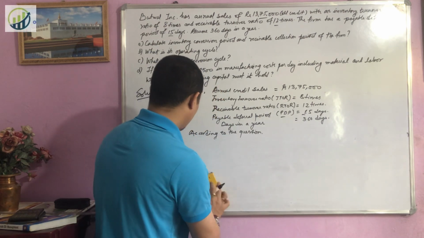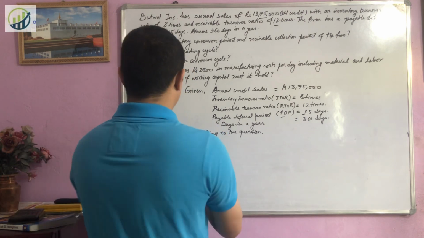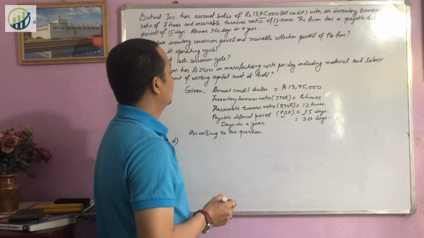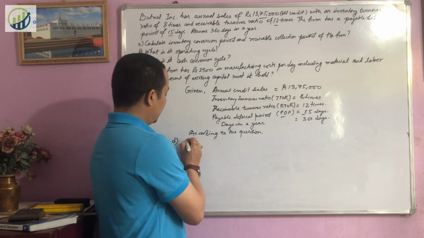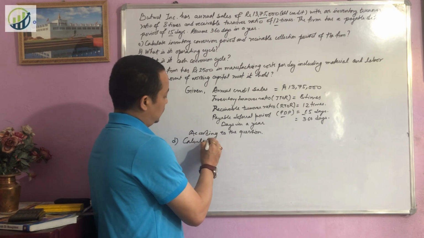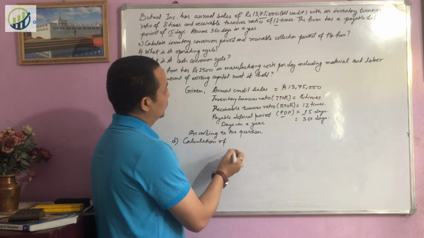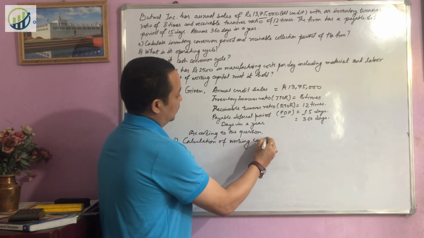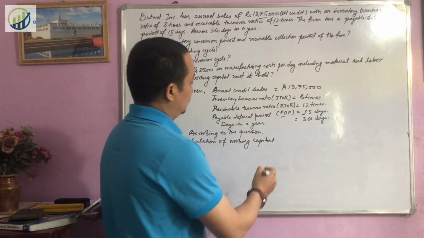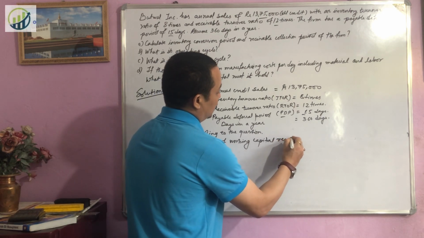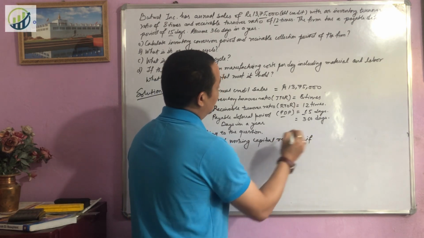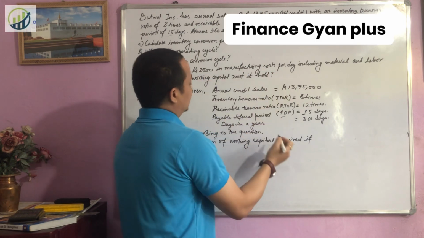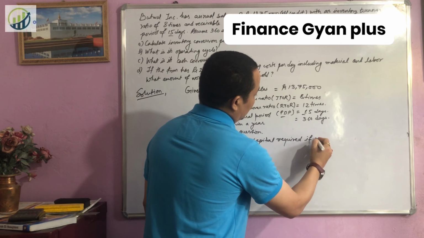First, you write calculation of working capital required if manufacturing cost per day is rupees 2,500.